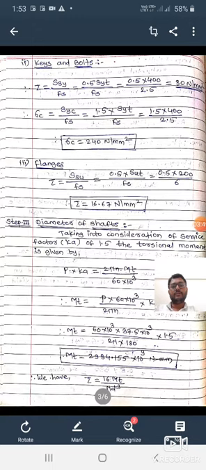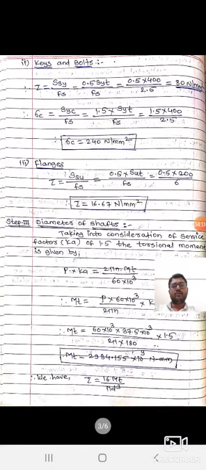Then next, sigma C, that is compressive stress, equal to SYC upon factor of safety, that is 1.5 times tensile strength upon factor of safety, equal to 1.5 into 400 upon 2.5. Finally you calculate the answer for sigma C equal to 240 Newton per mm square.